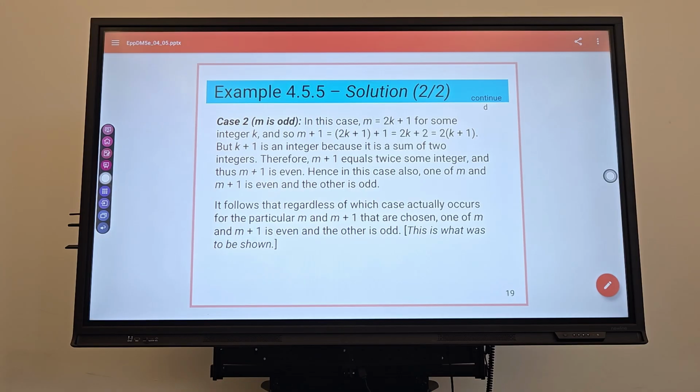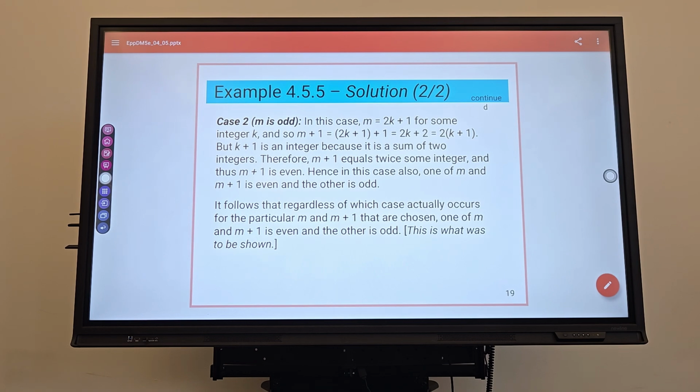So m plus 1 equals 2k plus 1 plus 1, which is equal to 2k plus 2, which is equal to 2 times the quantity k plus 1. But k plus 1 is an integer because it is the sum of two integers. Therefore, m plus 1 equals twice some integer, and thus m plus 1 is even. Hence, in this case also, one of m and m plus 1 is even and the other is odd.